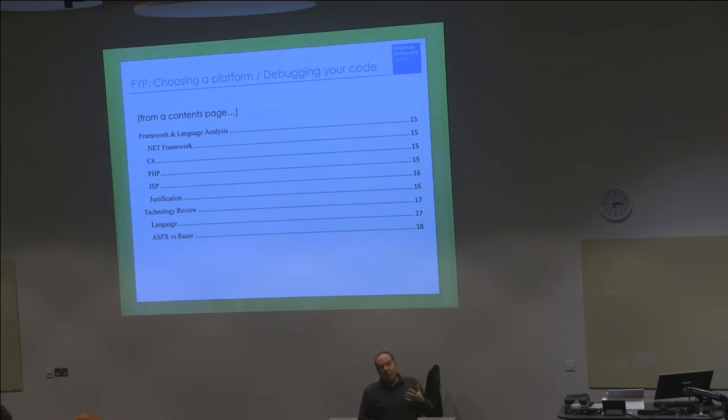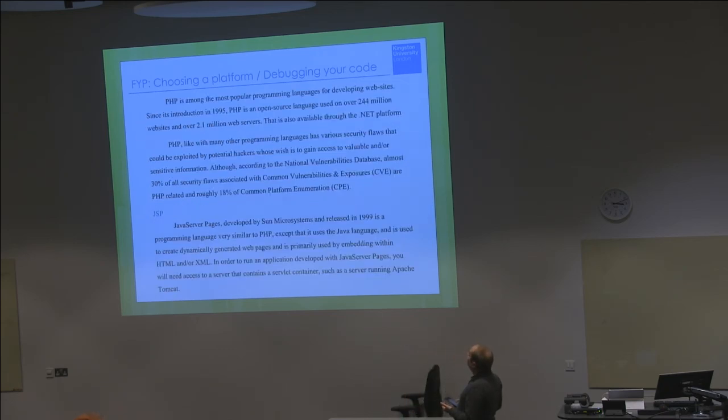So don't think of your project as various bits. I've got to do a literature review, and I've got to do a design, and I've got to do an implementation section, I've got to do a requirements analysis. It's telling a story. Okay. This was some of the content from that section. PHP gives some stats about it being heavily used.